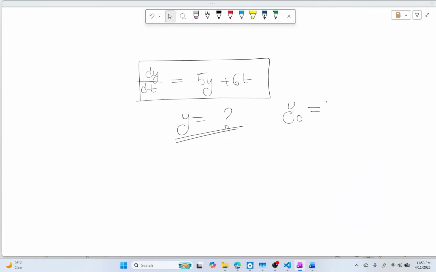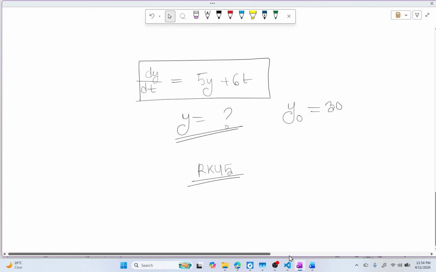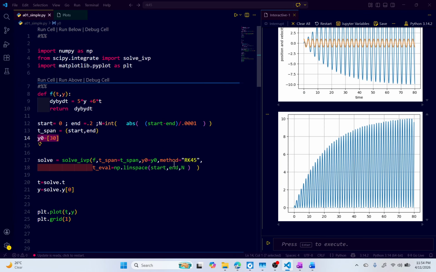So I'm going to use the RK45 method. You see it here, the method is RK45. Let's focus here on solve_ivp. You can see that solve_ivp is taking a function f. This is the function I have written here, which is taking t and y.